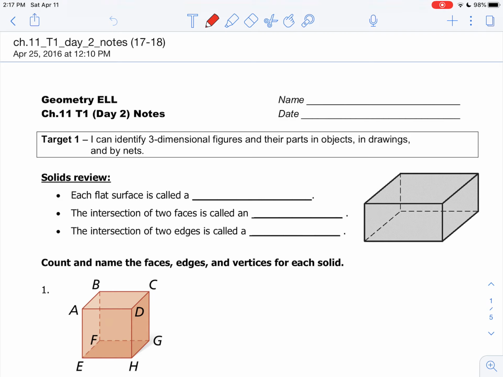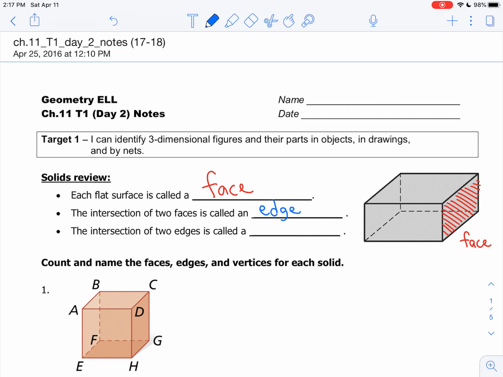Each flat surface is called a face. That's going to be one of our shapes from chapter 10. The intersection of 2 faces is called an edge.